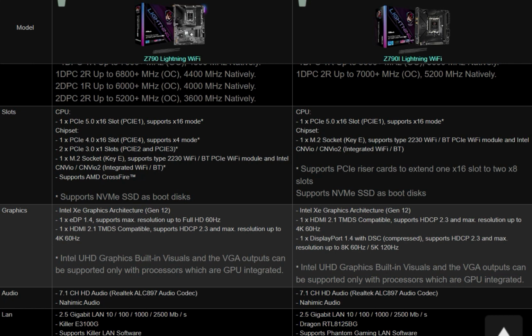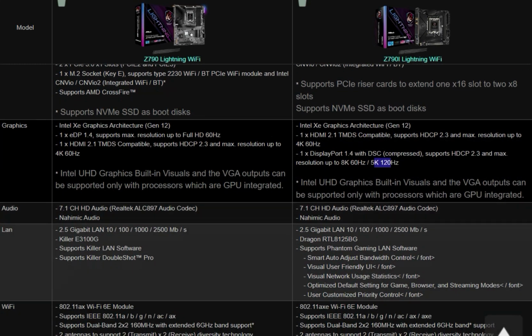Okay, this port is not there in this. HDMI 2.1 TMDS compatible, supports HDCP 2.3 and max resolution up to 4K 60 Hz. That is 8K at 60 Hz, and 50 Hz, 120 Hz also supported in this.